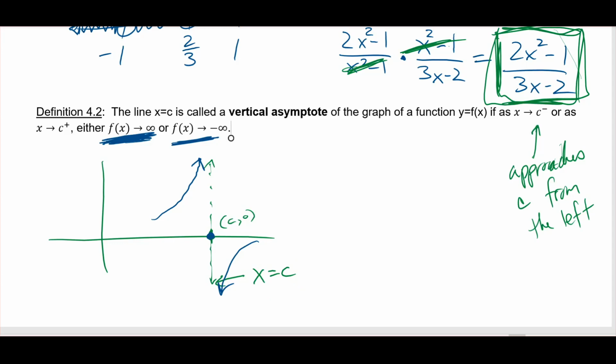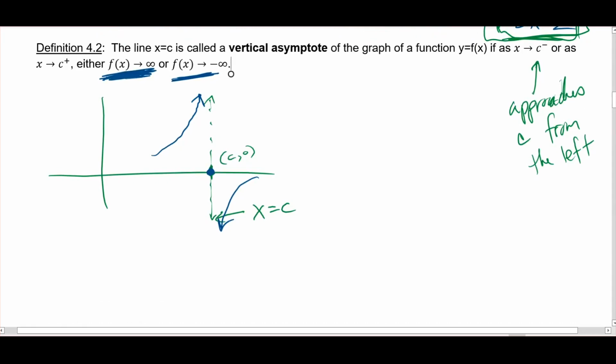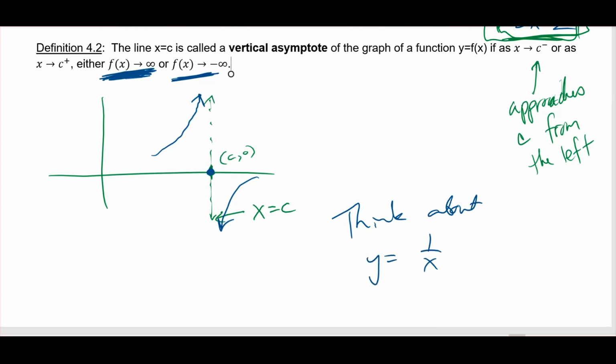Okay, so usually we have an okay idea of what an asymptote is, because we've probably seen it before in previous coursework. So something that we should think about is y equals 1 over x, because this is the one we're intimately familiar with. So we know what this picture looks like, and if we need to plot some points to draw the graph again, plot some points, but we ought to know what this looks like from our transformation section, right?